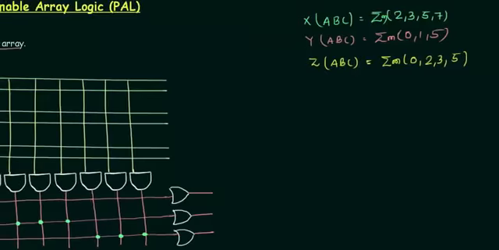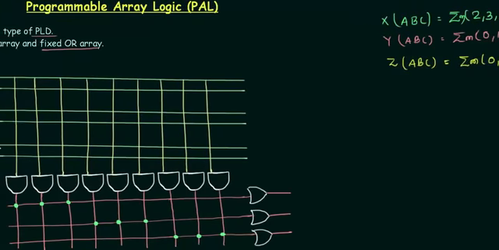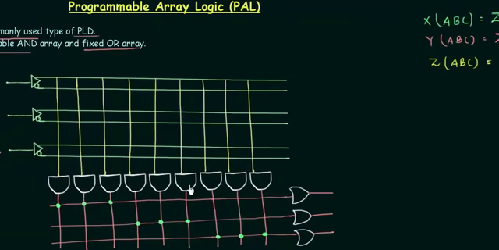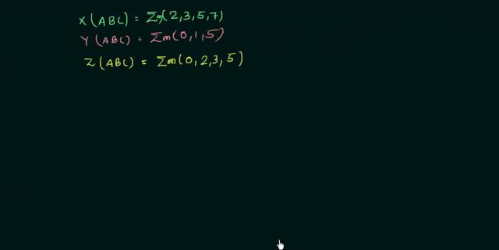You cannot make this structure without looking at the min terms and minimizing them. This structure is the last step, as I have told you. You cannot make this structure first. So the first thing is to look at the min terms. For X, the min terms are 2, 3, 5, 7. For Y, it is 0, 1, 5. And for Z, it is 0, 2, 3, 5.